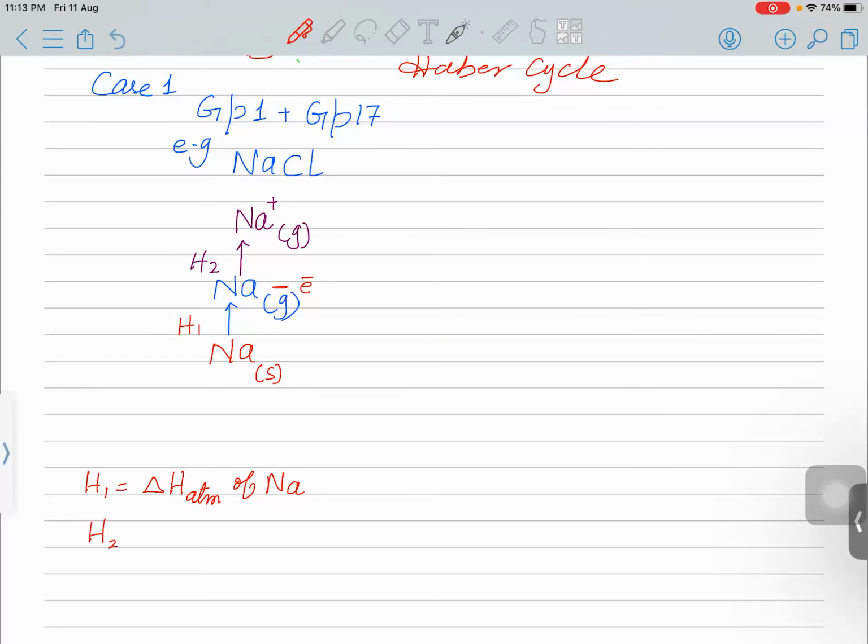H2 is ionization energy of sodium. Now the cation is ready to make an ionic bond.